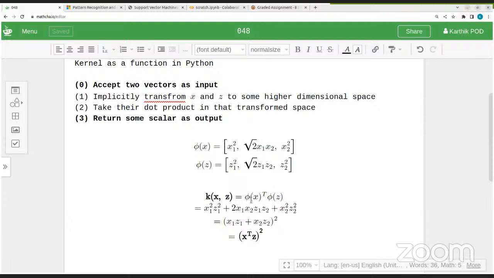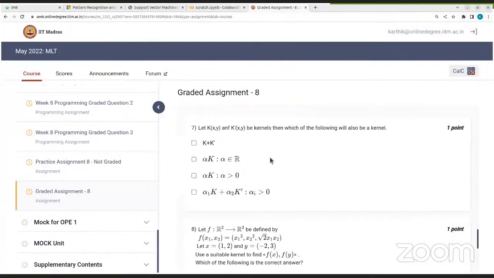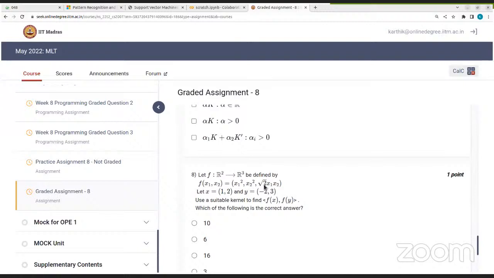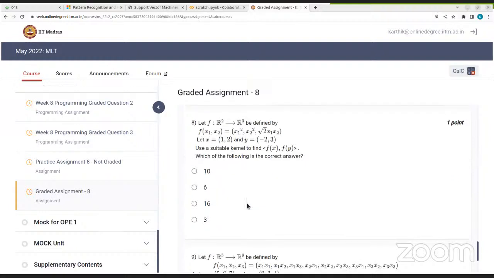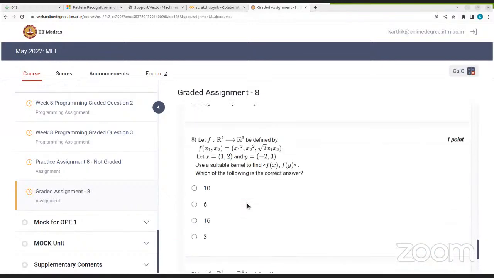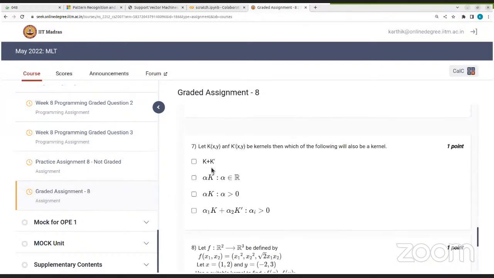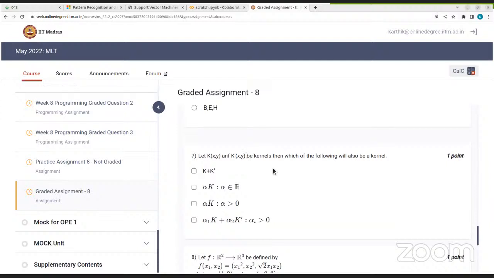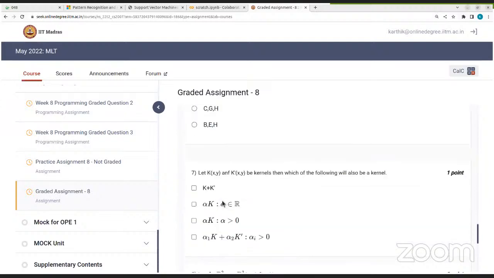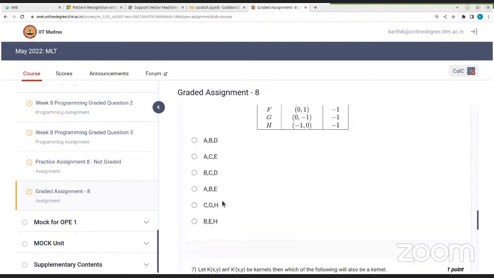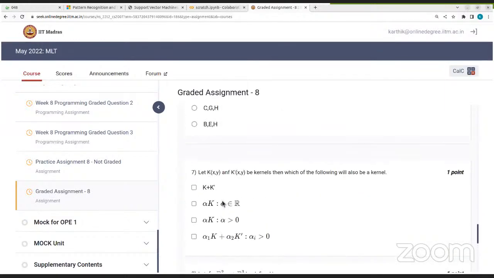Okay, sir. So this question is essentially asking you to do that. It's giving you this transformation that is internally happening. Yeah, but I still kind of agree that this is. So were you taught any of this in the lectures? What is this? Which is a suitable kernel? Actually, from lecture, I didn't understand anything.